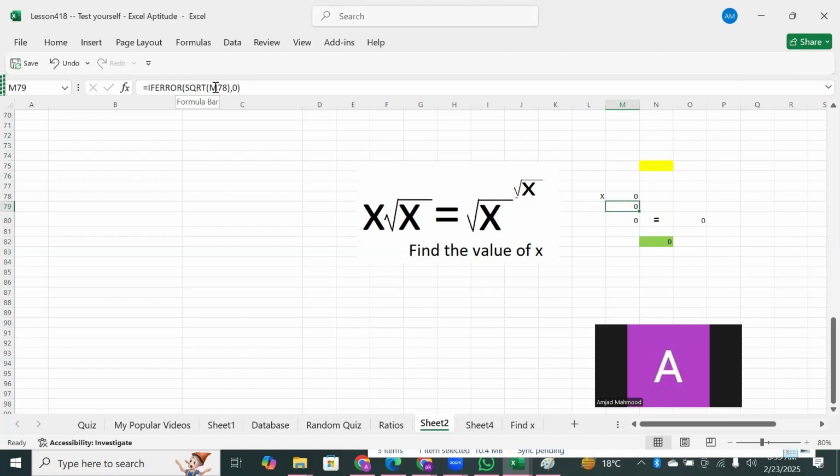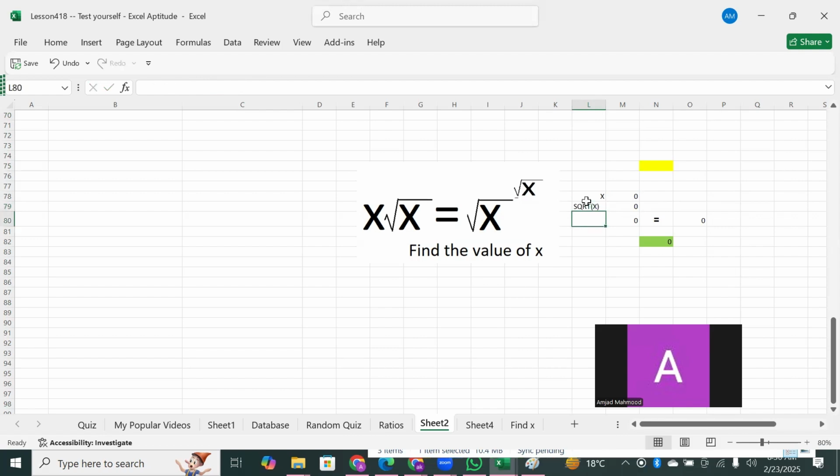So square root of x of M78. This is M78. So this is the square root of x.